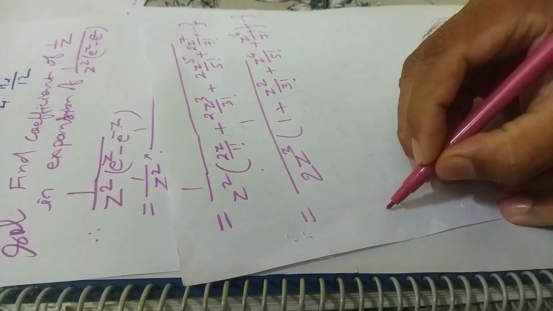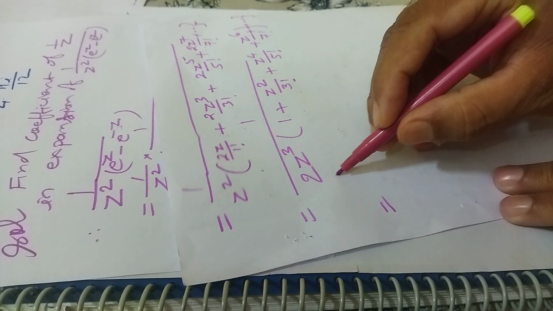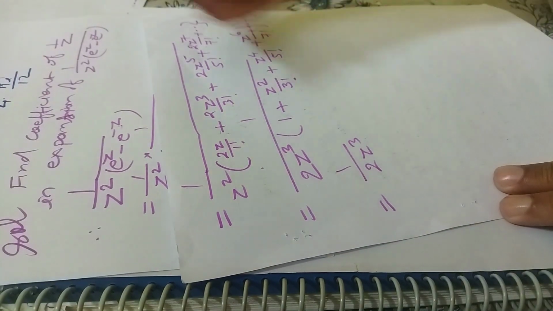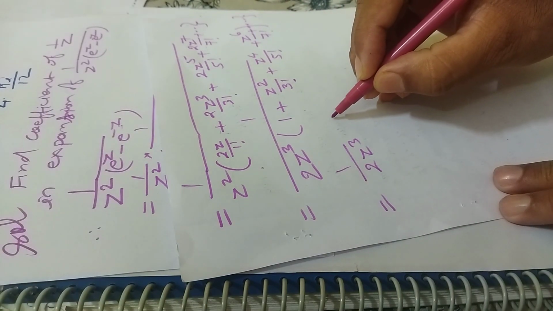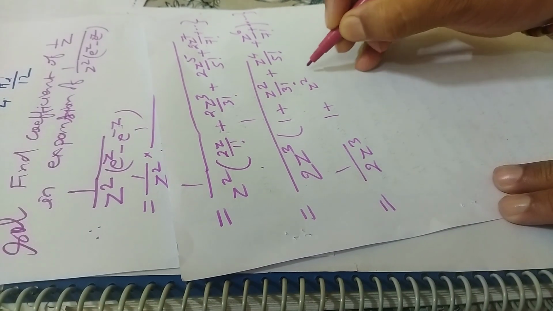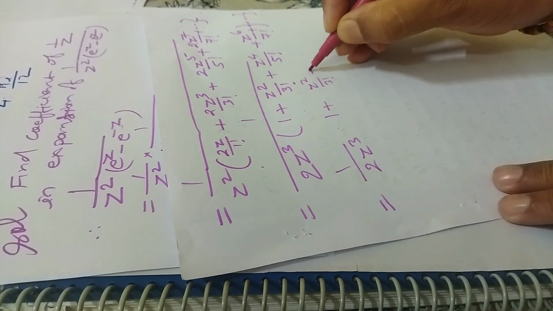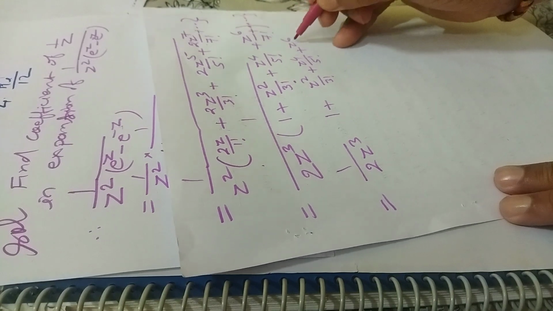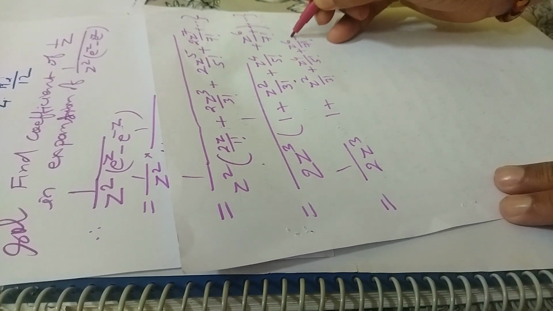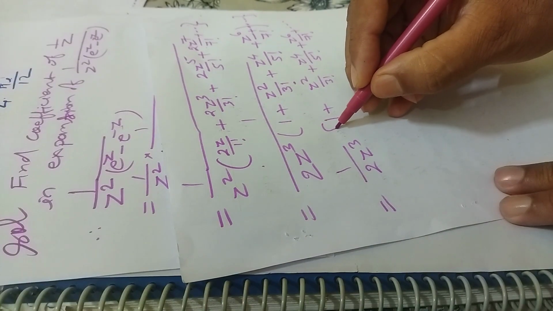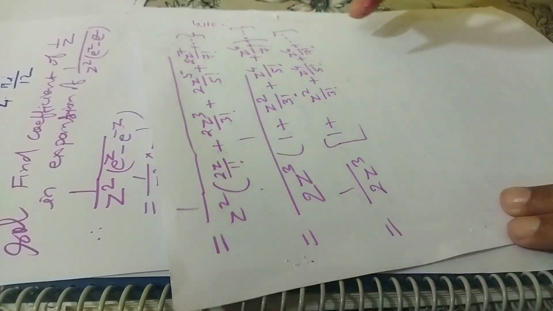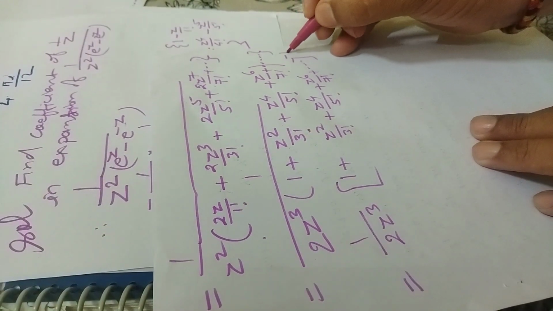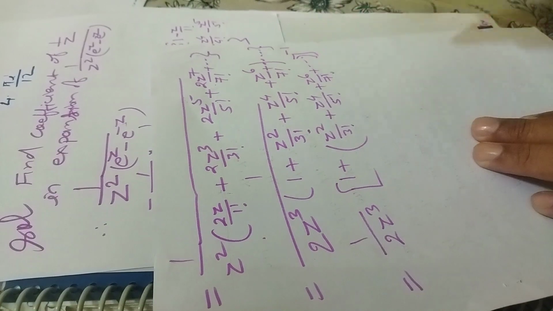This will be equal to 1 upon 2z cube. We take it in this way: 1 plus z square upon 3 factorial plus z to the power 4 upon 5 factorial plus z to the power 6 upon 7 factorial plus so on. We take it in the denominator and the whole to the power minus 1. This will be taken in the second bracket.